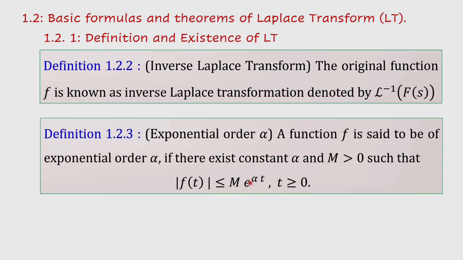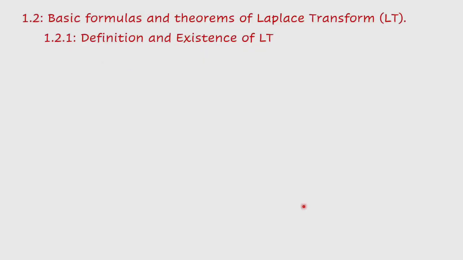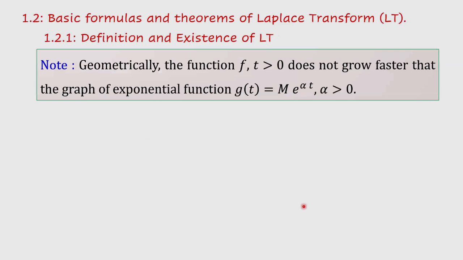So there exist some alpha and M such that this inequality holds, and our target will be to find that M and alpha. Geometrically, being of exponential order alpha means that the graph of this function does not grow faster than the graph of the exponential function.